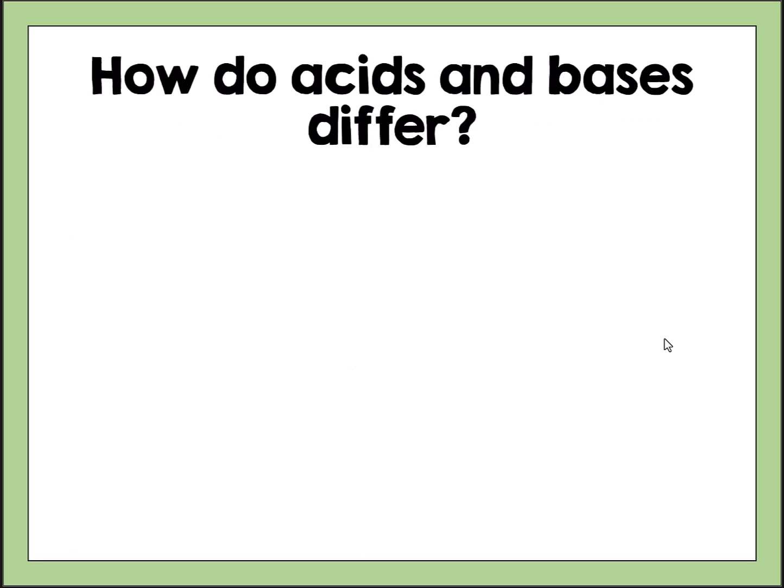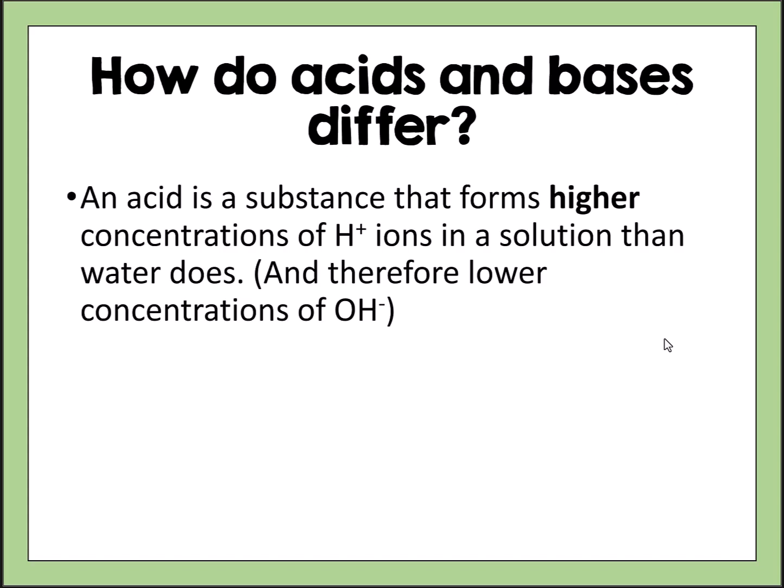So how do acids and bases differ? Acids and bases are on different sides of the spectrum of a neutral solution. So none of the acids and bases are neutral, they either produce more hydrogen ions or more hydroxide ions than water. An acid is a substance that forms higher concentrations of hydrogen ions in a solution than water does, and therefore it's going to form lower concentrations of hydroxide ions.